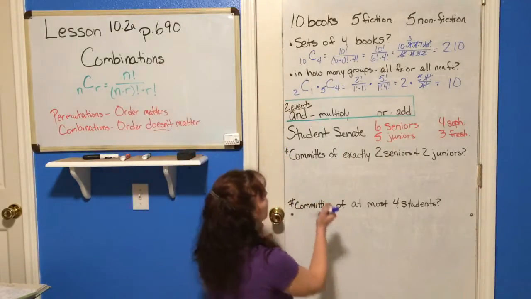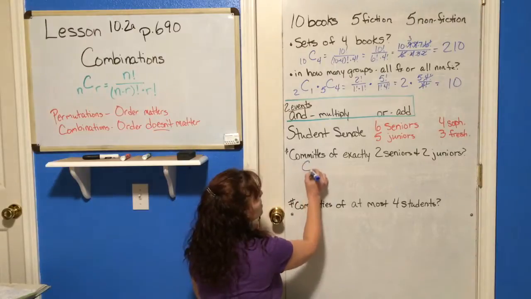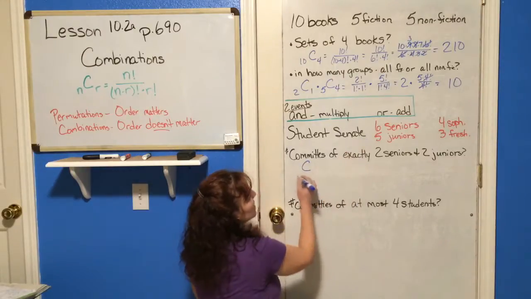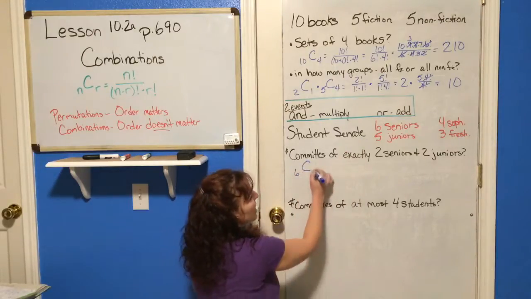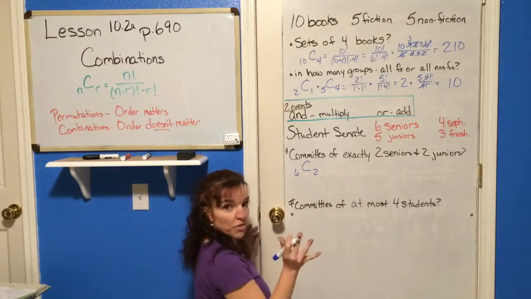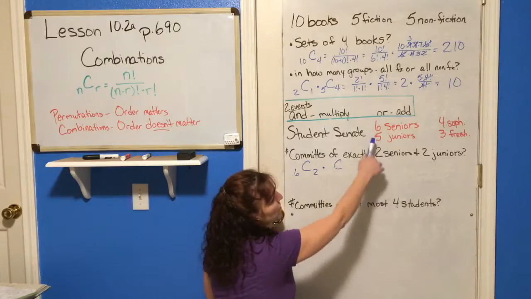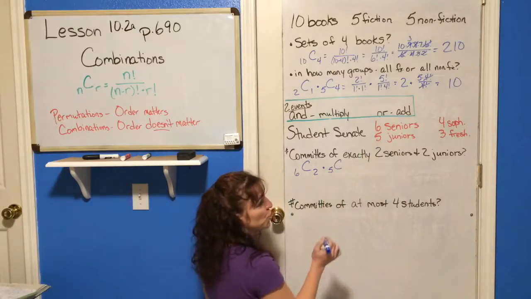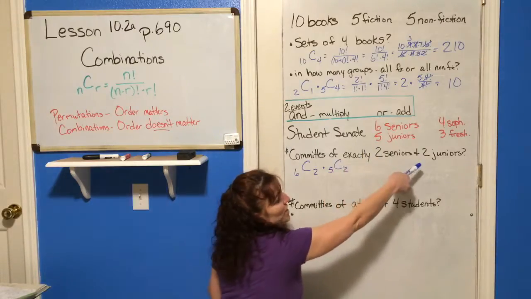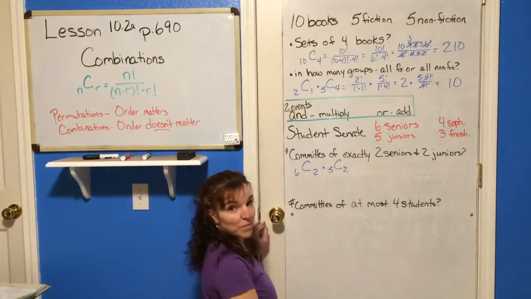So we want to know the combinations of 6 seniors taken 2 at a time, because we want 2 of them on each of those committees, and we're going to take the combination of 5, because that's how many juniors we have, taken 2 at a time, because that's how many we're going to put on the committees.